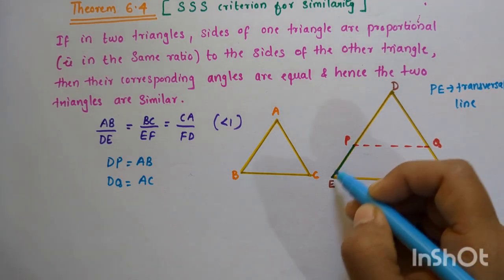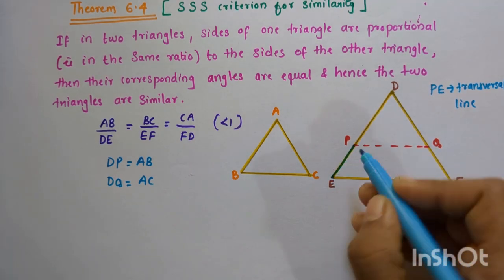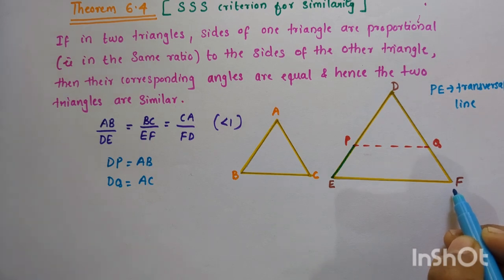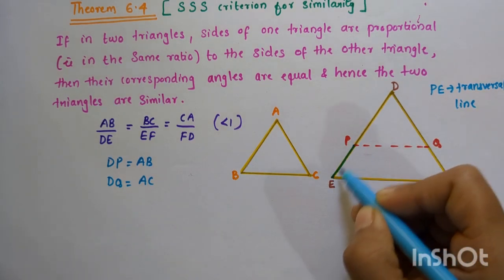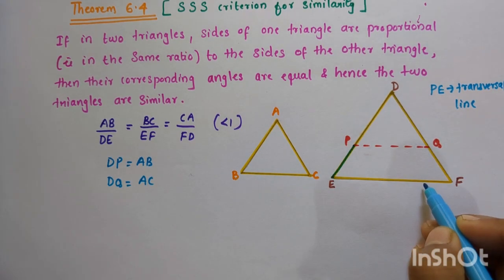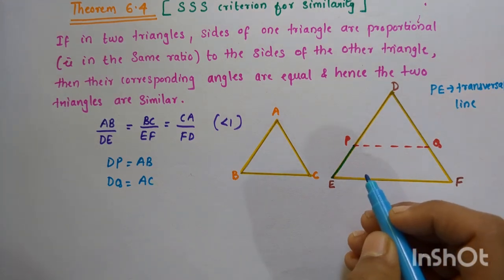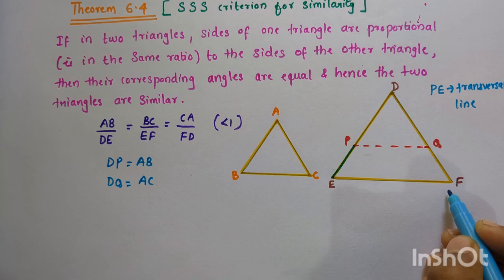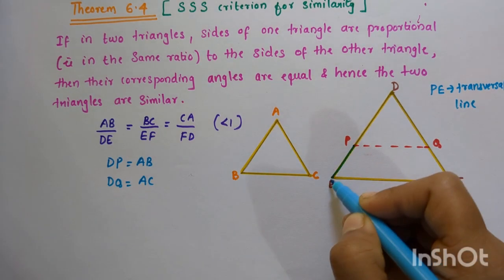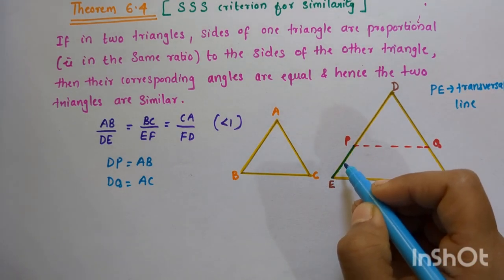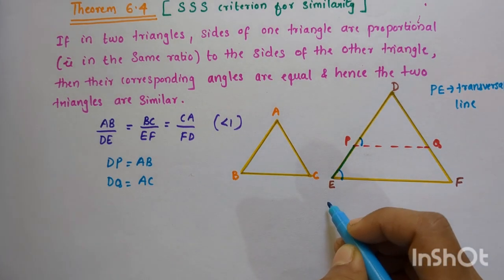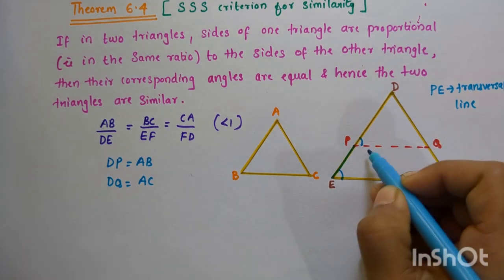So, this line PE intersects the two lines PQ and EF. When a transversal line intersects two lines, it creates a pair of corresponding angles. So, for lines PQ and EF, PE is a transversal line. The corresponding angles are angle P and angle E. So, these corresponding angles will be equal.